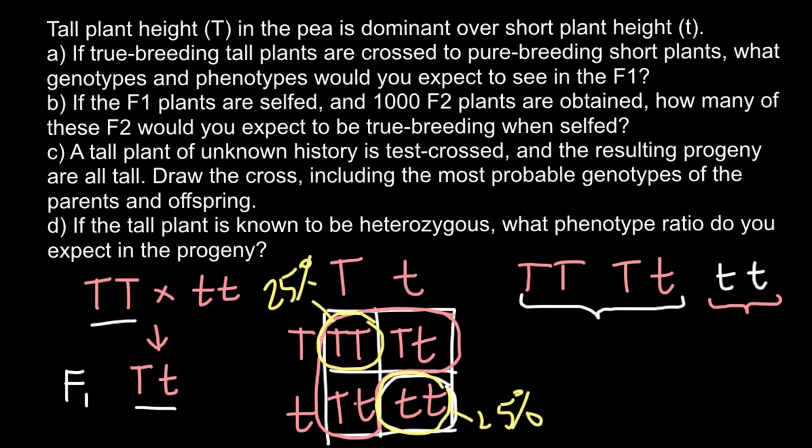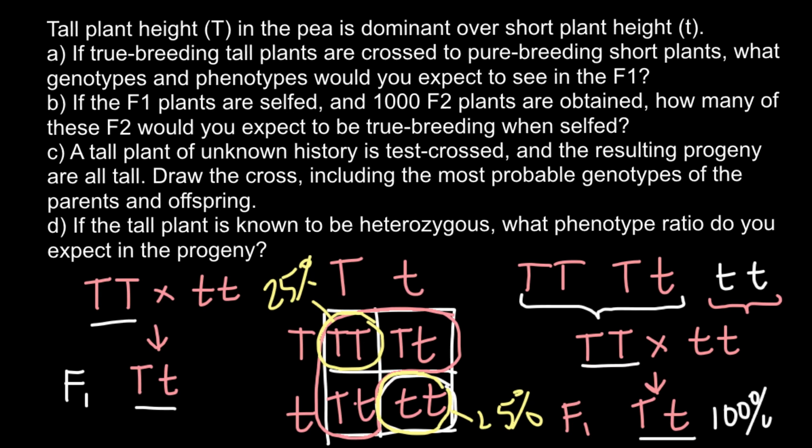If the plant is homozygous dominant and we cross it with a plant that is homozygous recessive, 100% of the F1 generation is going to be capital T small t, heterozygous, and tall.